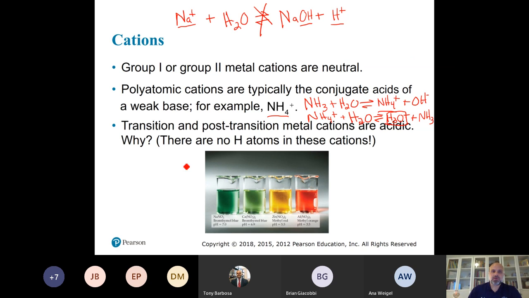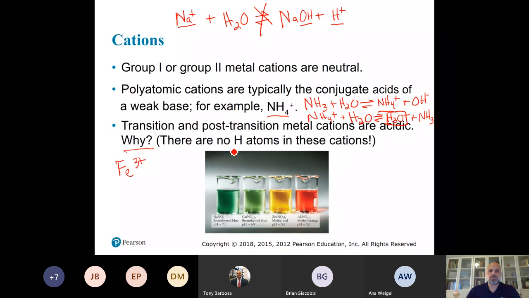Then we'll talk about transition and post-transition metal cations in the next slides as well, where transition and post-transition metal cations are acidic, right? And then we're going to talk about why. If we're talking about iron 3 plus, why is iron 3 plus going to be acidic?